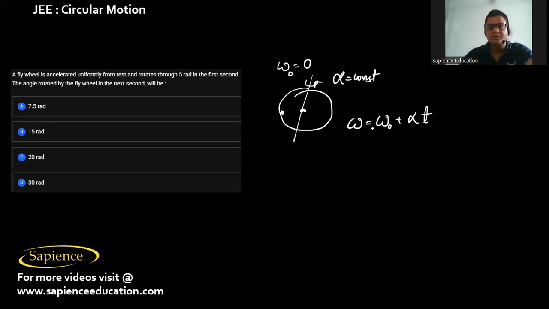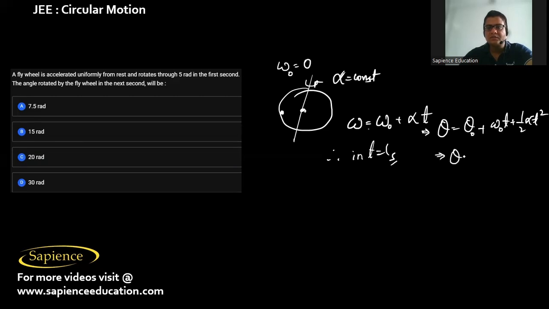So in t equal to 1 second, it rotates through 5 radian. So we can say that theta will be equal to theta naught plus omega naught t plus half alpha t square. So now the angle rotated, that is theta minus theta naught, is equal to omega naught t, that is 0, so half alpha t square.